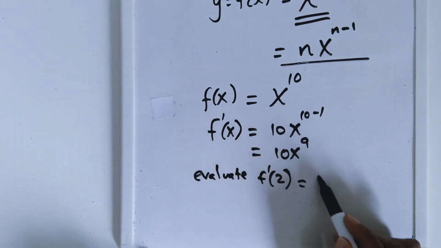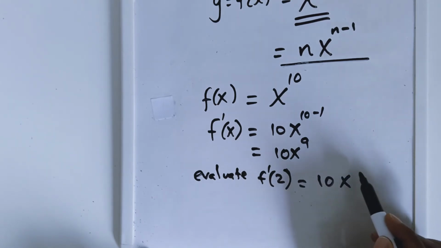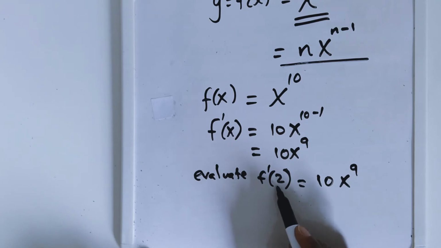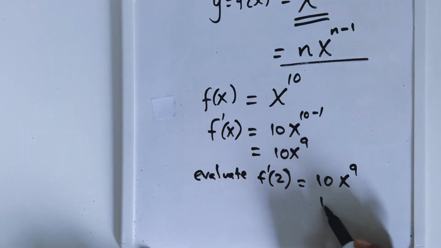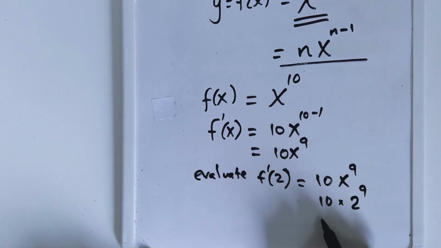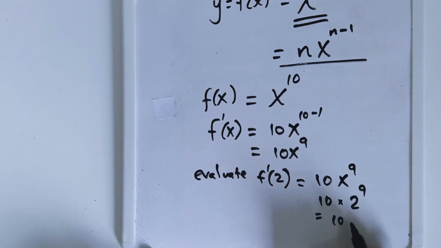So this will give me 10x to the power of 9, but instead of x, you have to replace that with 2. So this will be 10 times 2 to the power of 9. So what is 2 to the power of 9? You can use your calculator to find that and then multiply. That will give me 10 times 2 to the power of 9.